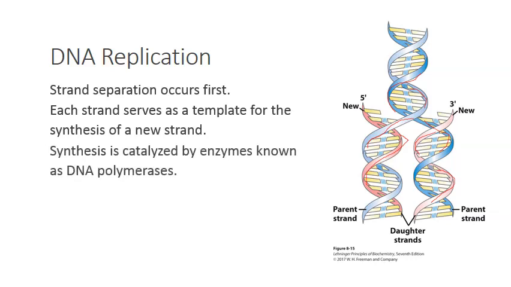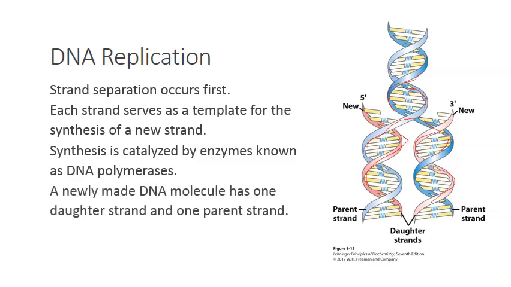DNA is replicated by enzymes we call DNA polymerases. So polymerases are responsible for replicating DNA. A newly made DNA molecule has one strand that's new, in this case the pink strand, and one strand that is old. And we call that semi-conservative DNA replication.